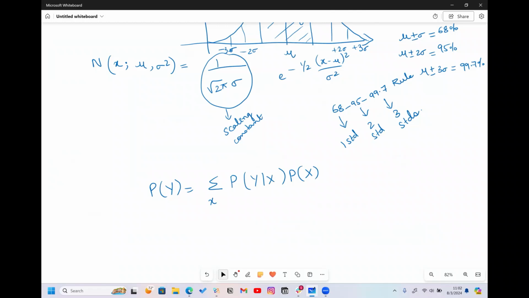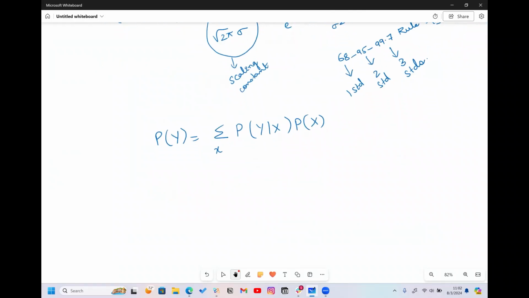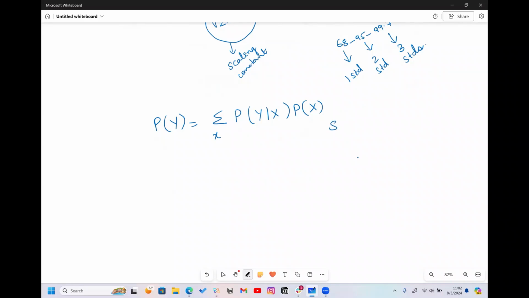So we need not have the knowledge of p of y. And this Bayes rule is popularly used in the spam detection example.